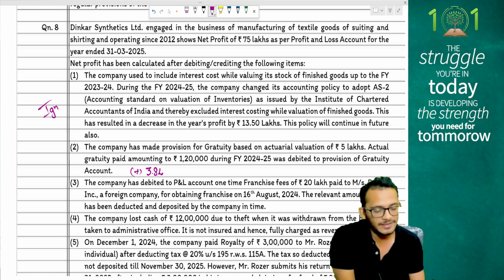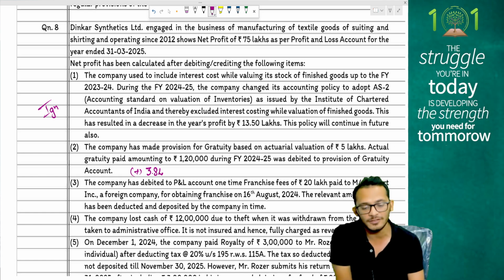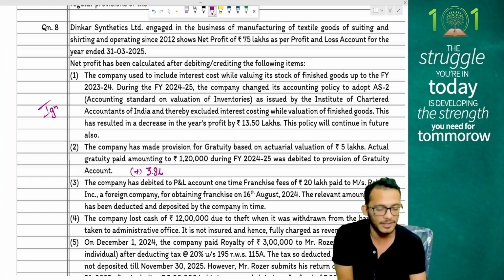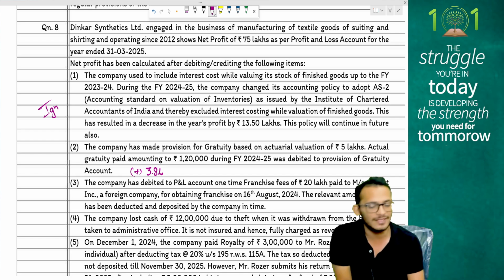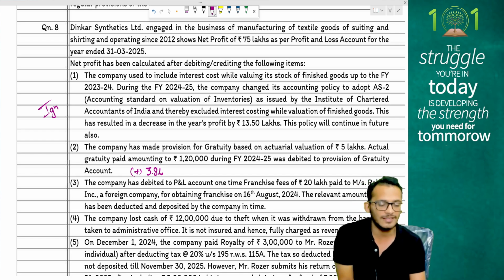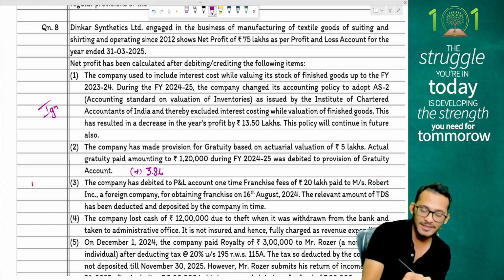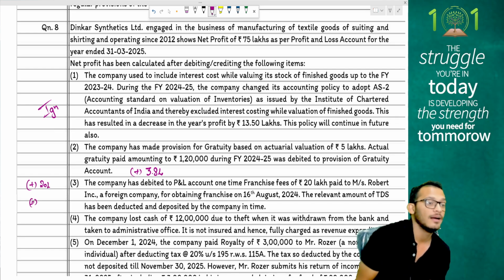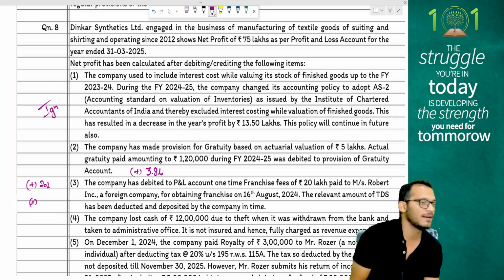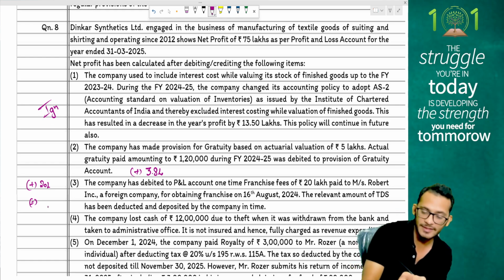Next, the company has debited to the P&L account one-time franchise fees of 20 lakhs paid to Robert Inc., a foreign company, for obtaining a franchise on 16th August 24. Relevant TDS has been deducted and deposited by the company in time. Very good. To be disallowed and claim depreciation at the rate of 25%.